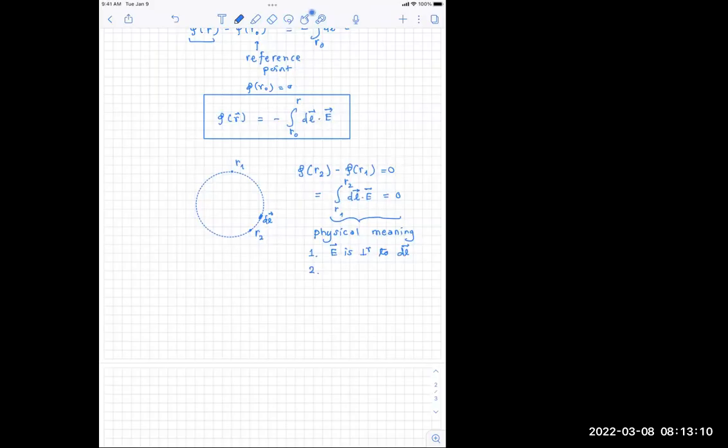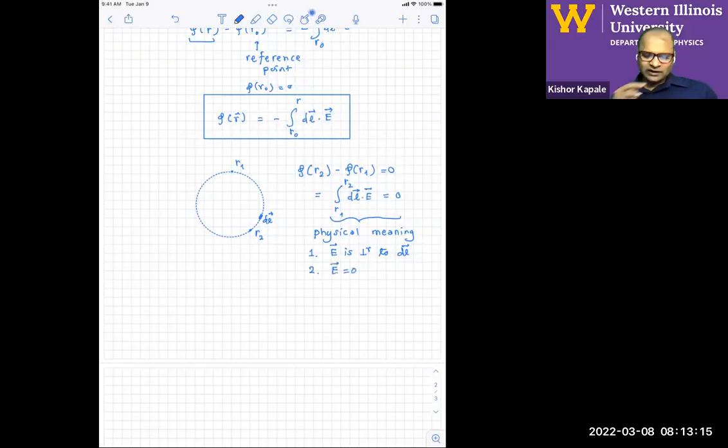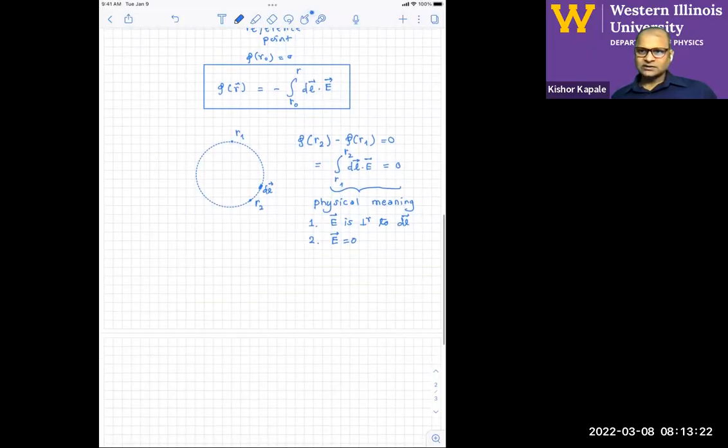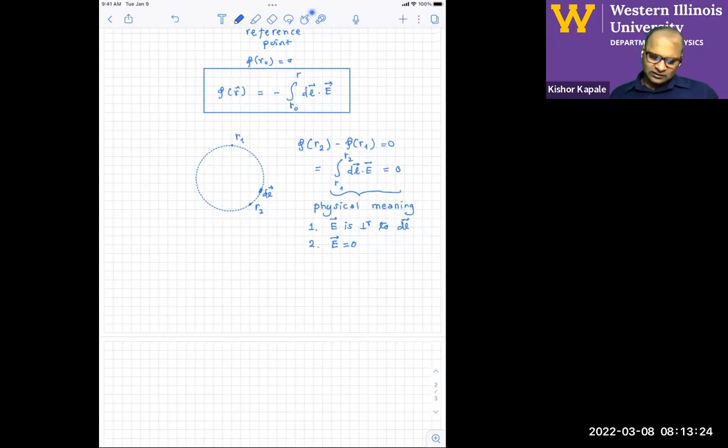E equals 0. Okay, very good. Everybody agrees with those two possibilities to give you dl dot E equal to 0.